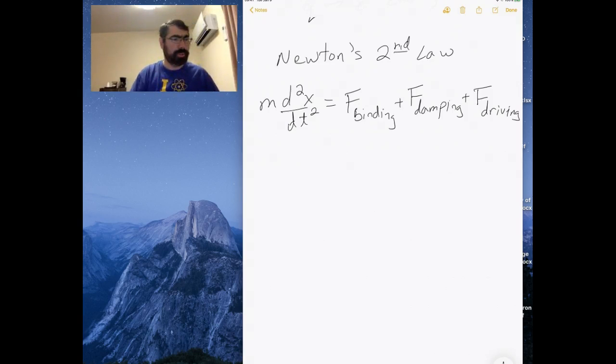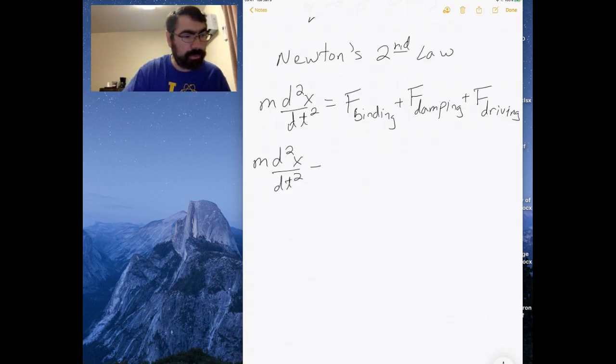Okay, so if we put this all together, if I've got a negative force, like the damping force, I'm just going to move it over to the other side. And I've got the binding force, which is also negative because it's a binding force.